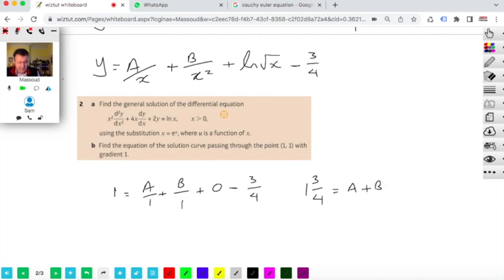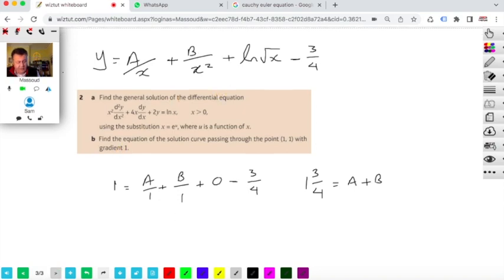So that simplifies to 1 3/4 is equal to a plus b. And then the differential of it, so the gradient is differential. So the differential of it is 1. So if we go back to here and we differentiate this, we will have dy dx.